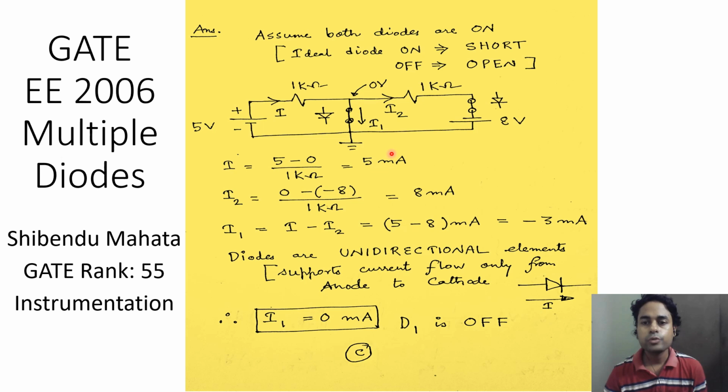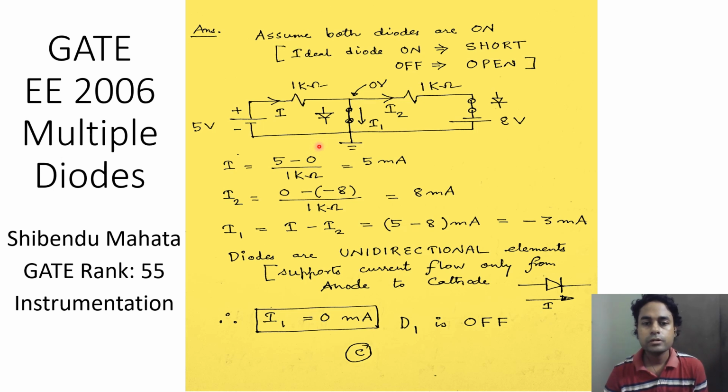Because we are assuming that both the diodes are on, this was the diode D1, we have replaced it with a short circuit, and this is the other diode D2, so we have also replaced it with another short circuit, and the rest of the circuit remains the same.